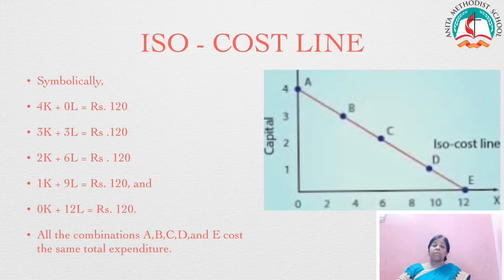Thus, all the combinations A, B, C, D and E cost the same total expenditure. From this, we can understand that the cost to be incurred on capital and labor is represented by the triangle OAE. The line AE is called the iso cost line.